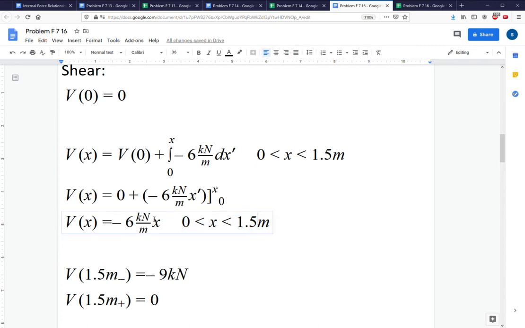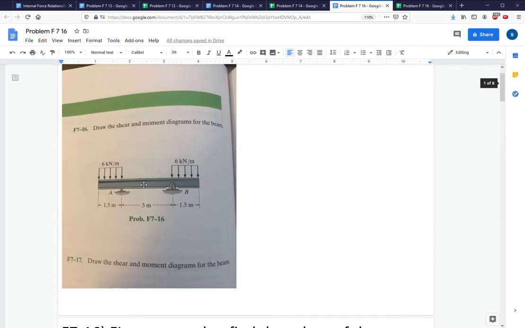Now we could, for our next segment, plug in 1.5 meters into x and get that shear is equal to 9 kilonewtons. However, this reaction force at A represents a point force, which means that the shear function will be discontinuous at x equals 1.5 meters.